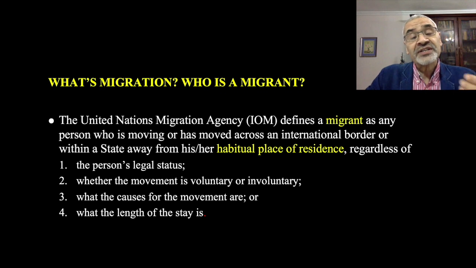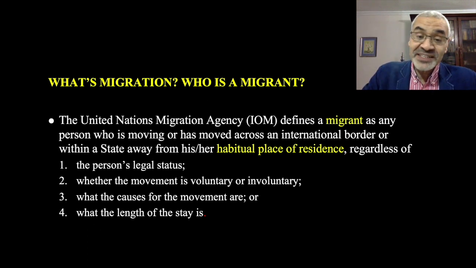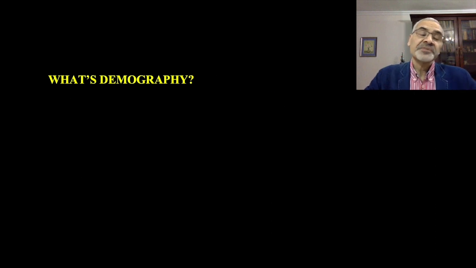Of course, other definitions vary from this. The definition of the United Nations has a time reference, which is 1 year, and definitions of national states also vary. In some cases, people are considered migrants if they stay more than 90 days in a specific country. So this is about migration.